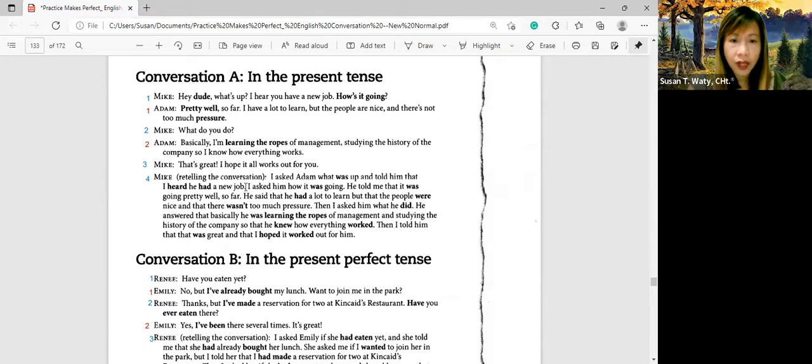Like here, we have that also, where I'm retelling the conversation: He told me that it was going pretty well so far. So that "so far" is emphasizing the words previously. Jadi "so far" ini untuk memberikan penekanan terhadap kata yang diucapkan sebelum "so far" itu.